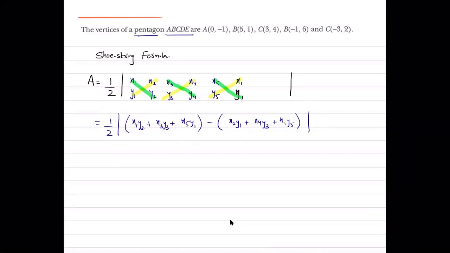Okay. So now let's solve this. So area is going to be, I'm going to write down 0 minus 1, 5 1, 3 4, this is D and this is E. Okay? Minus 1 6, minus 3 2. And then I'm going to repeat the first one again.